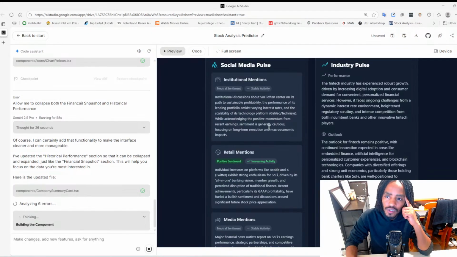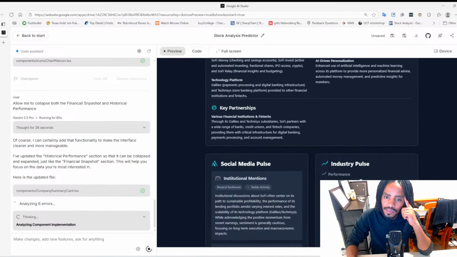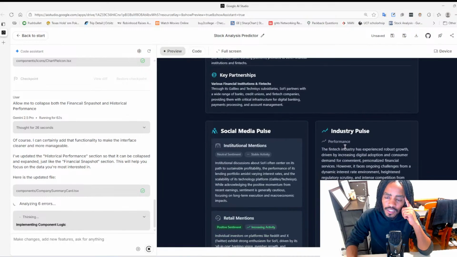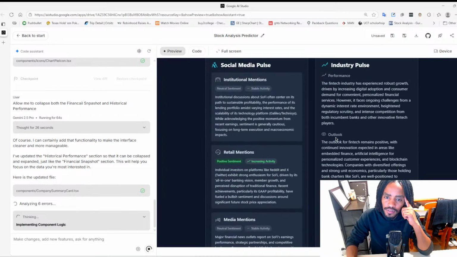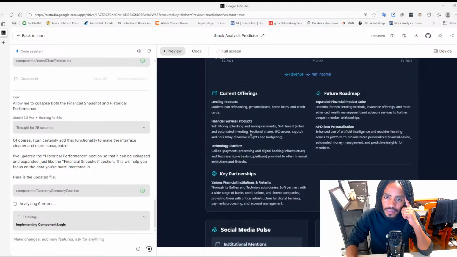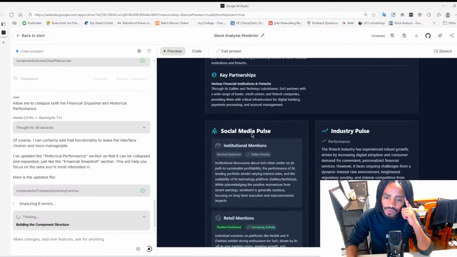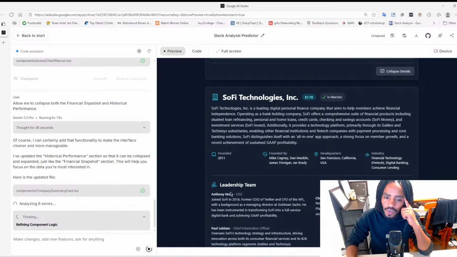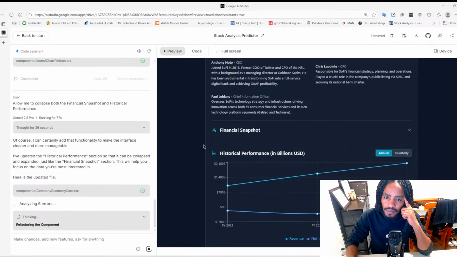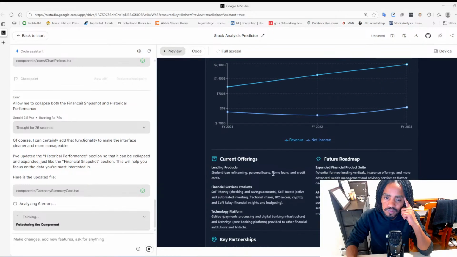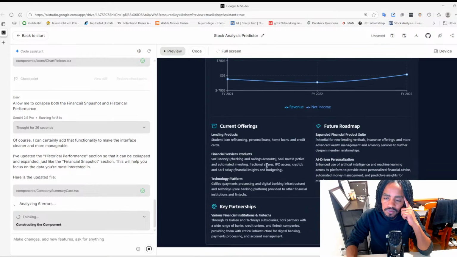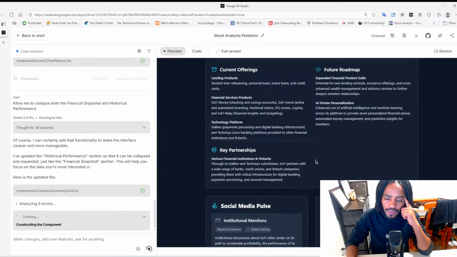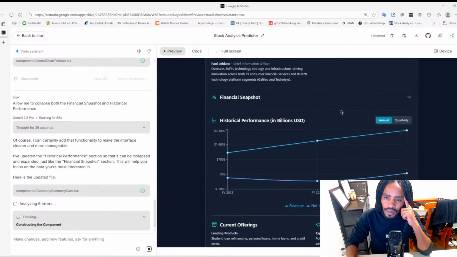I also want the industry pulse, I'm not a fan of. And I think I prefer to have the sentiment, maybe. I don't know. I may have added it up higher, maybe.